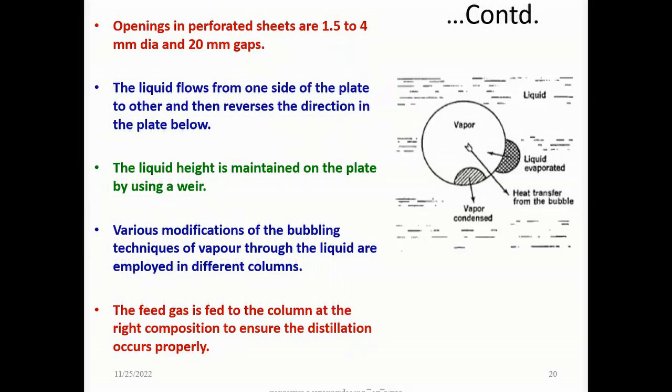The liquid height is maintained using a weir. Several modifications of the technique of bubbling the vapor through the liquid are employed in different columns, and the feed gas has to be fed in the column at the right composition to ensure proper distillation.